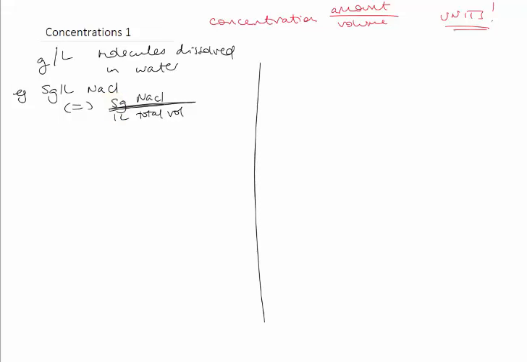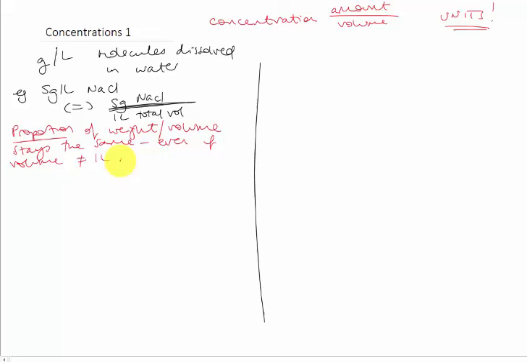And the really important thing to remember is that this proportion of weight and volume stays the same even if volume is not equal to 1 litre. If we've got a different volume, then we're changing the denominator of the fraction, and so we have to change the numerator in kind.